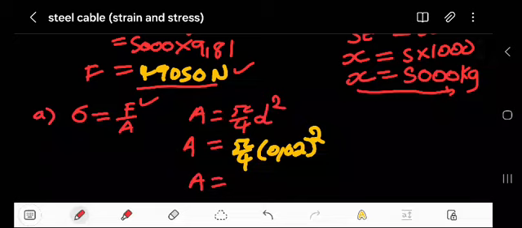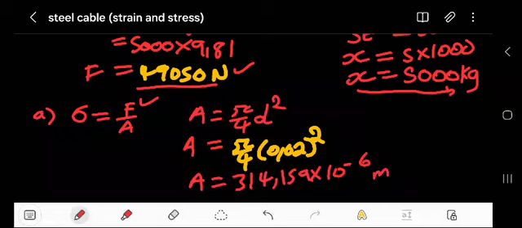As I finish punching, I got 314.159 times 10 to the minus 6.